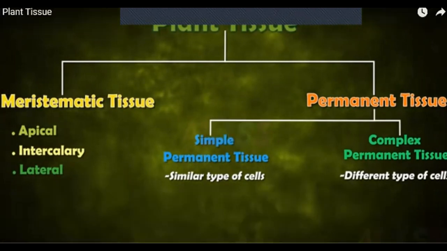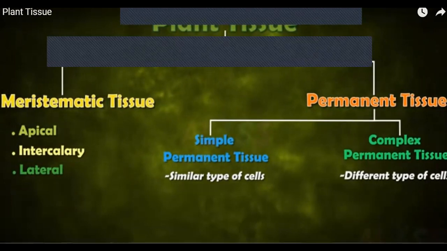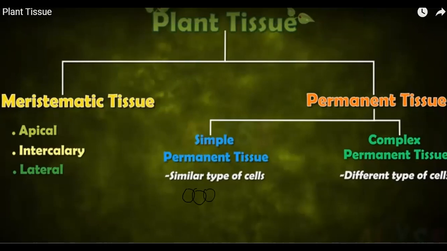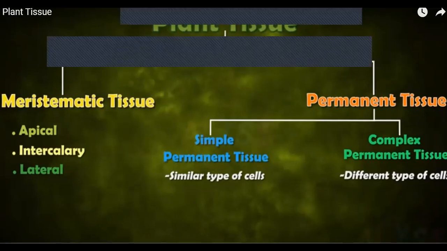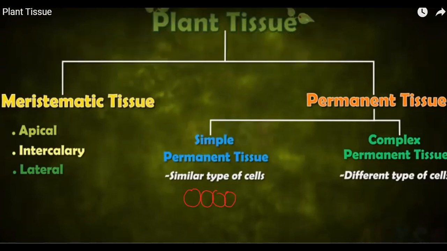The important thing in simple permanent tissue and complex permanent tissue is this: when a similar type of cells combine together and perform the same function, they will be considered a similar type of tissue, or we can say they are simple permanent tissue.